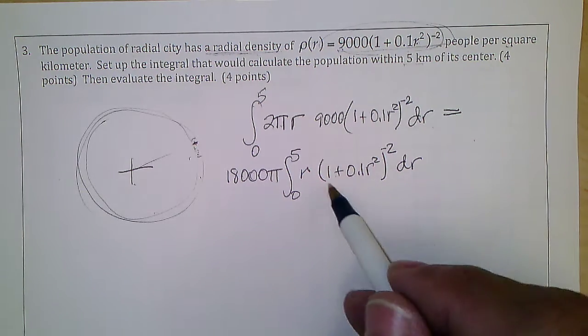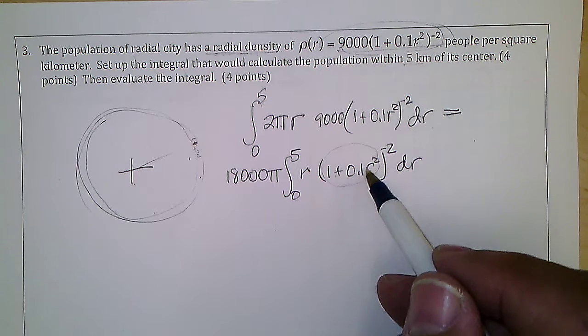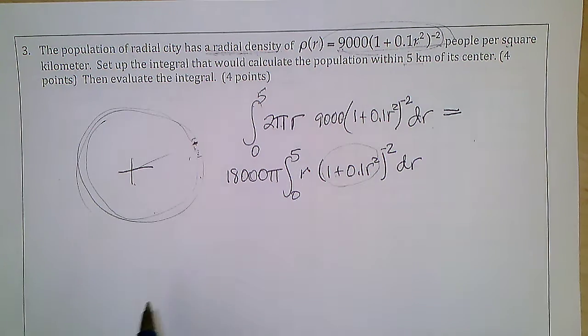So let's do a U-substitution for the stuff inside, because the derivative of this is going to have an r in it that'll probably cancel that r.